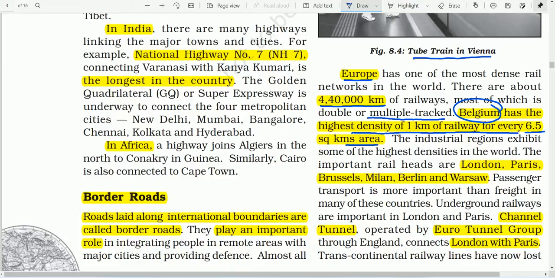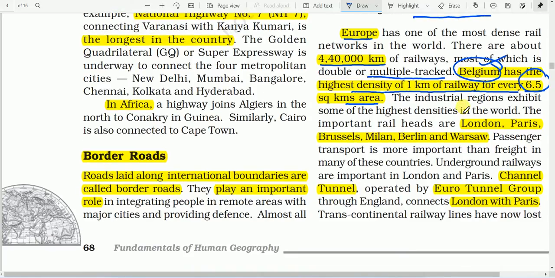Just do not forget, okay? Belgium has the highest density of railway network. It has 1 kilometer of railways for every 6.5 square kilometers area. The industrial regions exhibit some of the highest densities in the world.